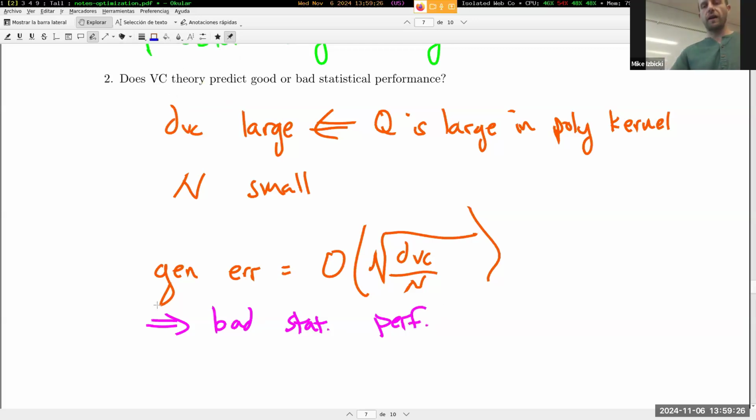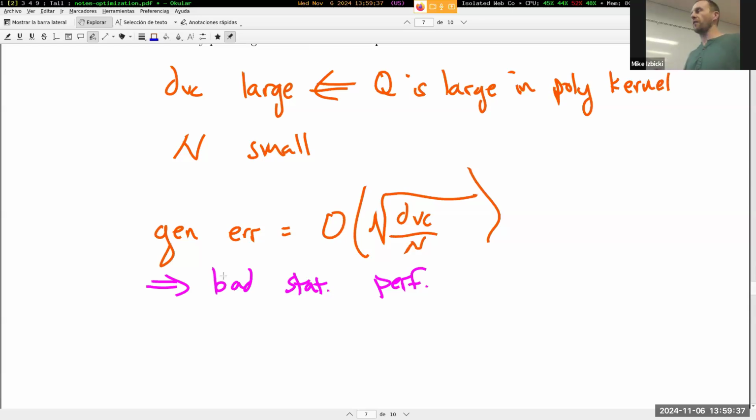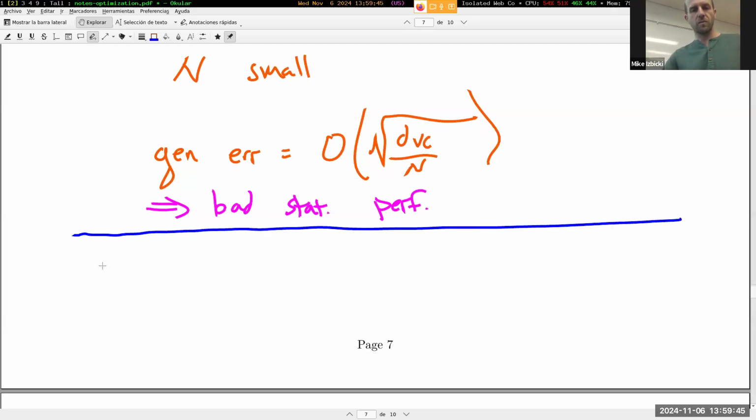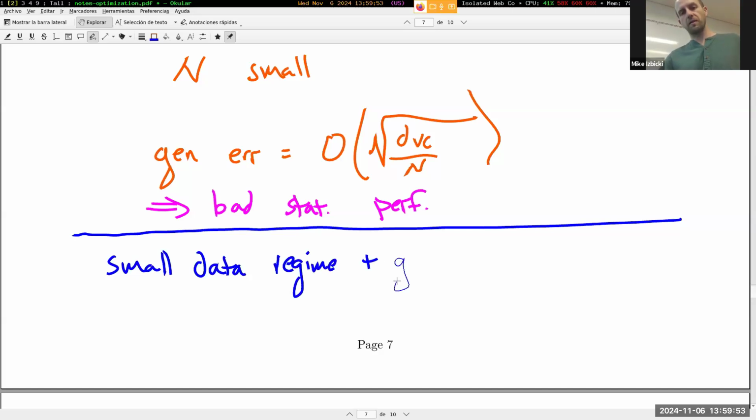It turns out that if you are actually in the small data regime and in a situation where you should be getting good statistical performance, then it never makes sense to use 1 GD. Small data regime plus good statistical performance implies that 1 GD is never optimal.